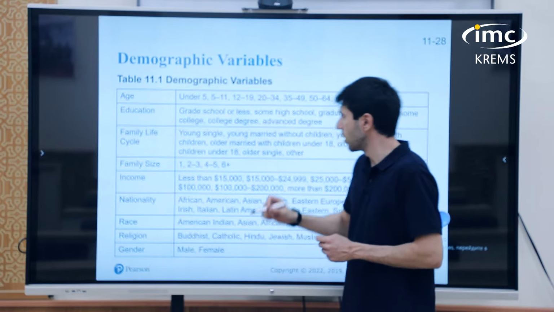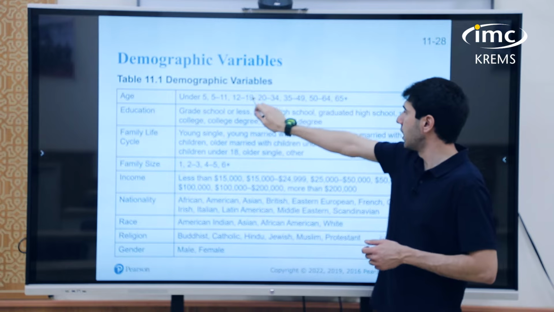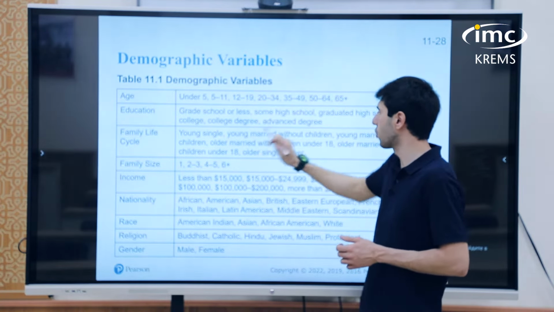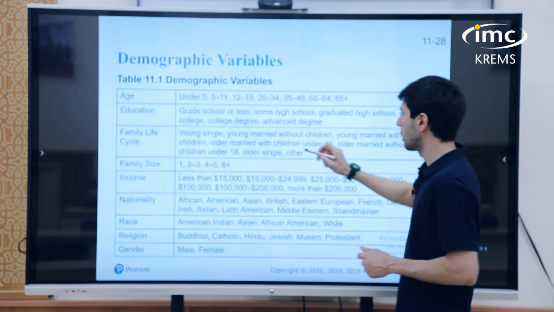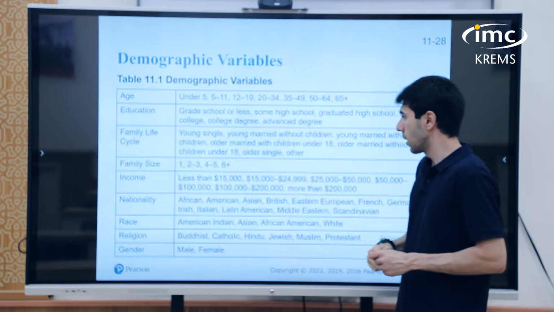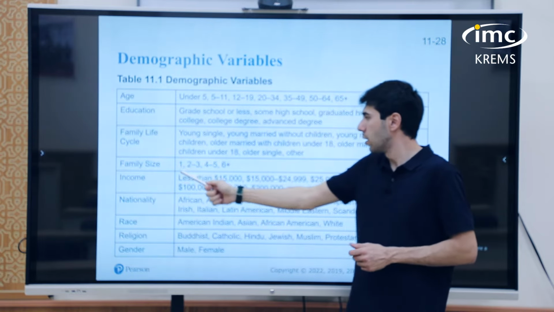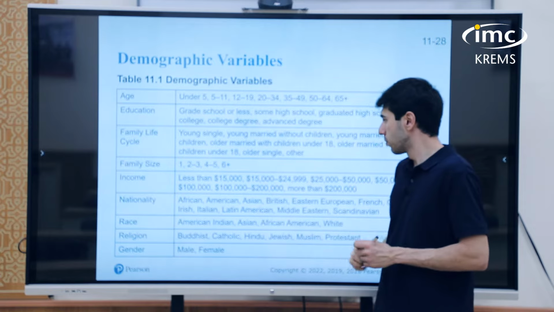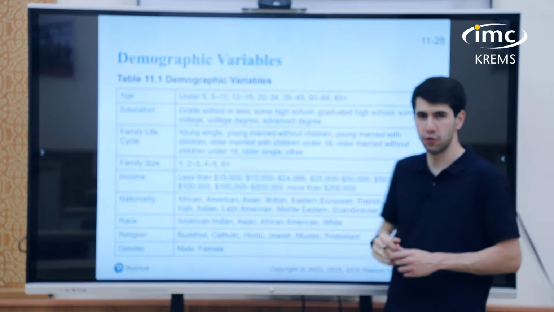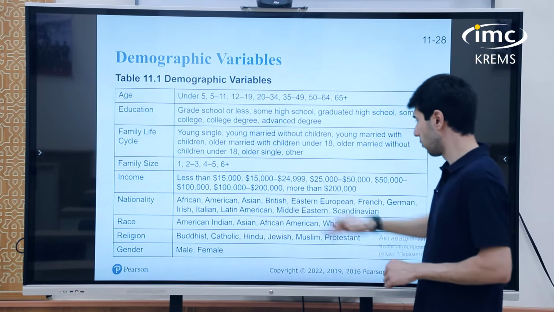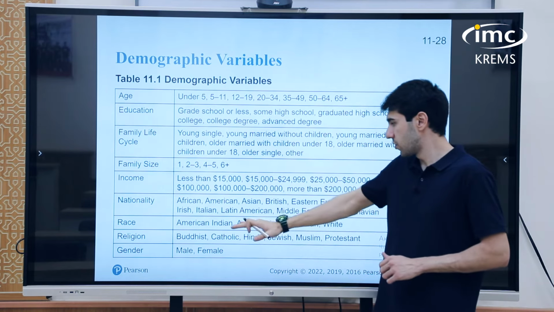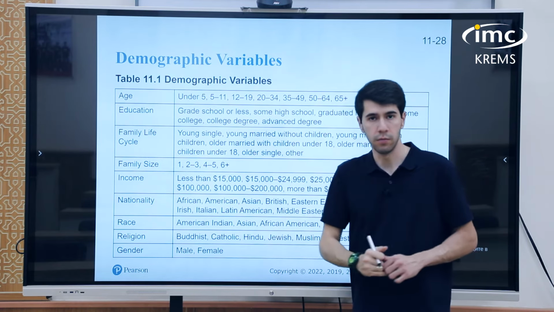For example, if we know that the age of 20 to 34 is having something like college or advanced degree, so they are young married or they are young single, they have family size 1 or 2 to 3, they have income less than or about 15,000. So they have a certain nationality, race, religion, and gender.